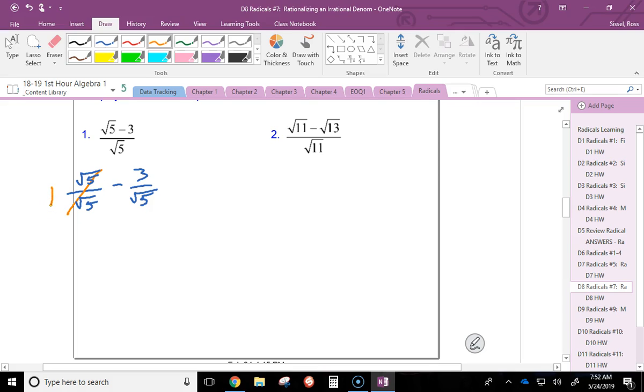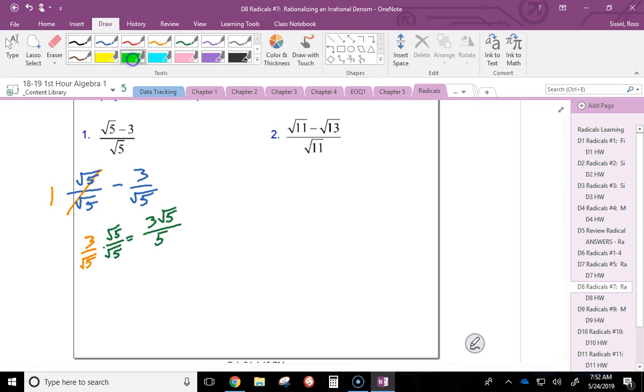But then this one, I'm going to show my work over here. I can't have that. So we get 3 times the square root of 5 all over 5.